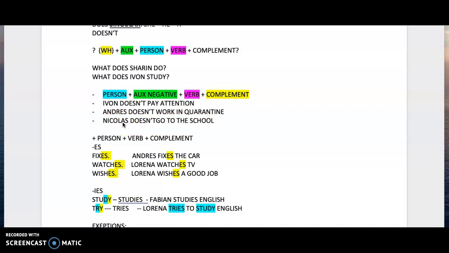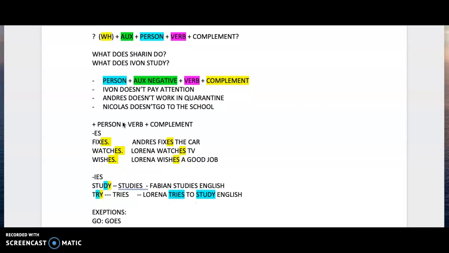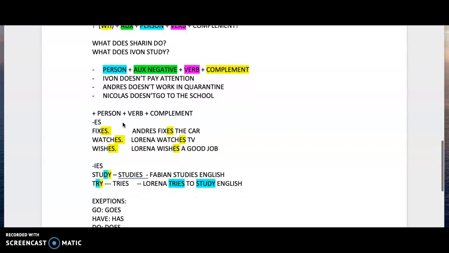Very good. And for the affirmative, you just need to pay attention to the verb, because when you don't have the auxiliary in the sentence, the verb changes, and changes because of two reasons.